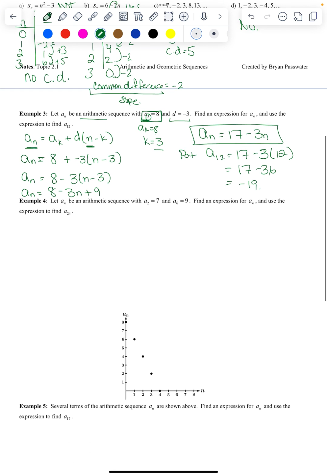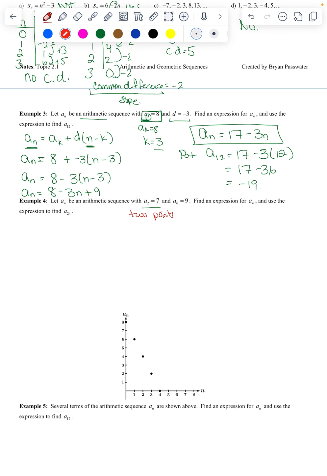All right, let's keep going. Let a of n be the arithmetic sequence with a of 2 equaling 7 and a of 6 equaling 9. So here they're not giving us a common difference, but they're giving us 2 points on the graph.